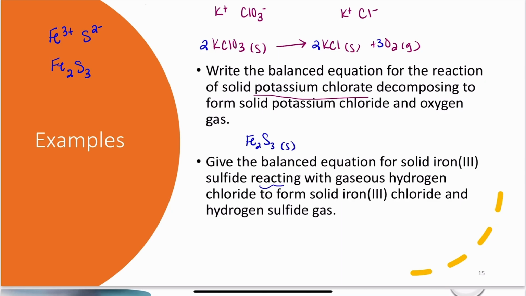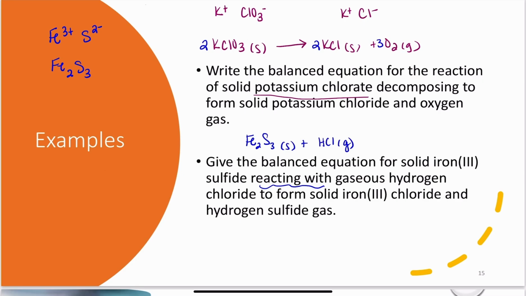Reacting with, that means plus sign, gaseous hydrogen chloride. Now hydrogen chloride, technically by naming rules we should call that hydrogen monochloride, but we don't because we don't always follow the naming conventions. And so hydrogen chloride does mean HCl, HCl gas phase.